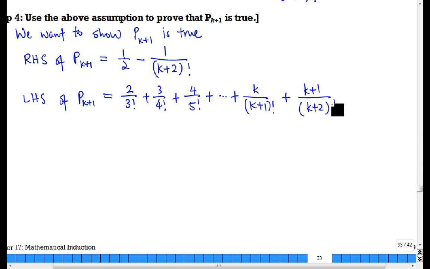Correct? The last term should be this. I'm writing the second last term just for completeness. You will realize why I write the second last term. Okay, I'll explain why I write the second last term as well.